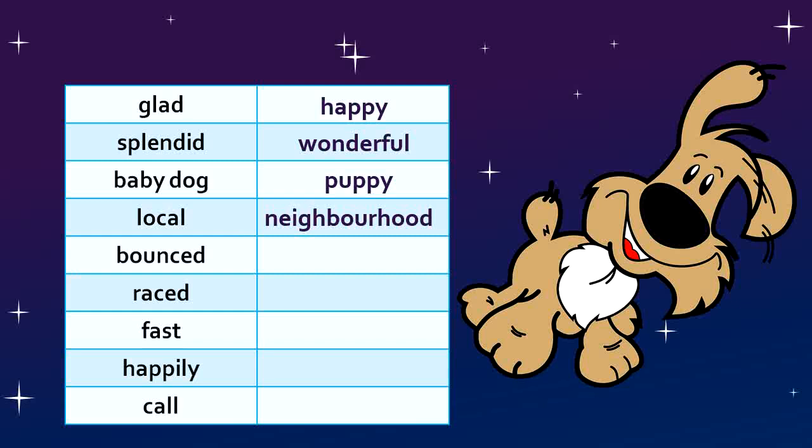Now, for bounced, we can say jumped. And instead of raced, we can say ran. Fast could also be replaced with quickly. And happily could be changed with cheerfully. And over here in the paragraph, it says call, and we can replace it with the word name.